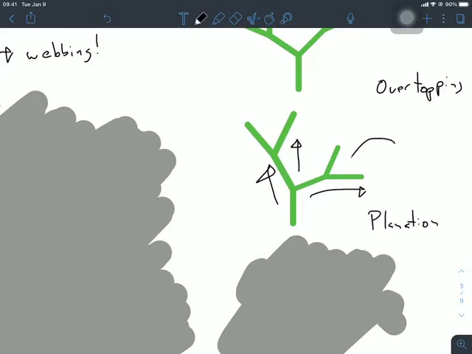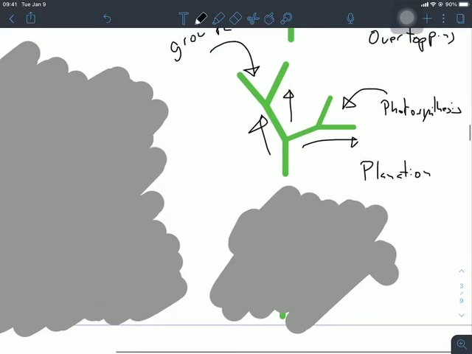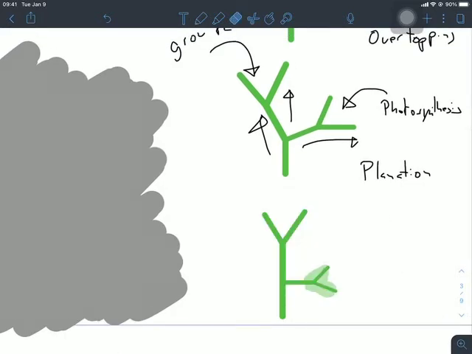because this branch has now primarily focused on performing photosynthesis, whereas this branch is now growing taller. Differentiation of purpose. You'd want that offshoot, that planated branch, to start developing some webbing.